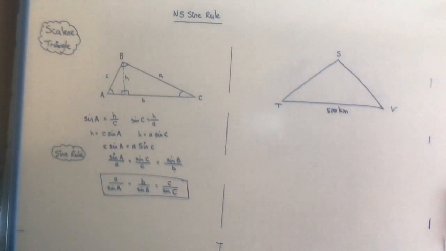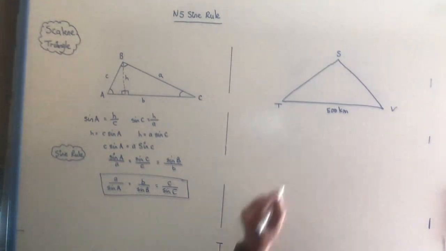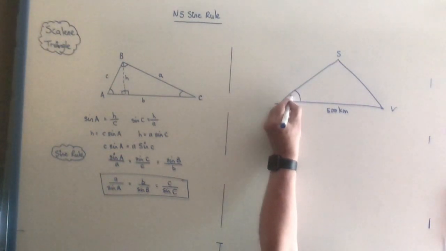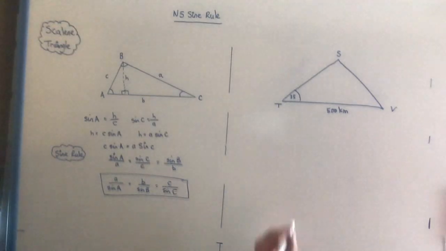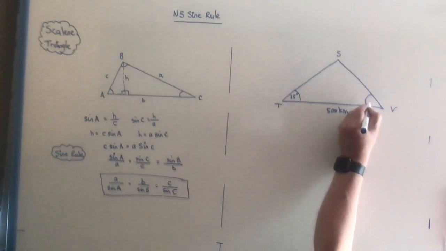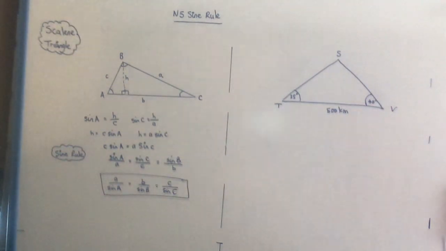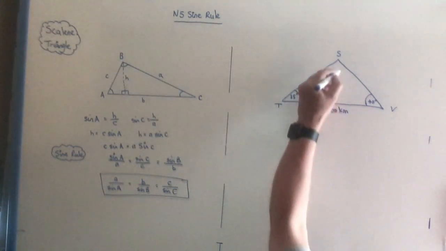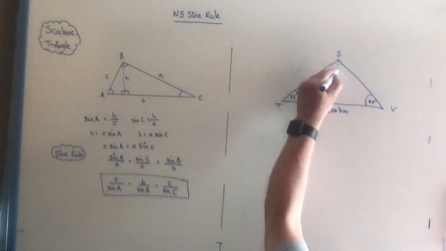We're told that the angle here is 35 degrees, and the angle to the satellite from the other side over here is 40 degrees. Now the question says, how high is the satellite above the ground? So the height of the satellite is going to be here.